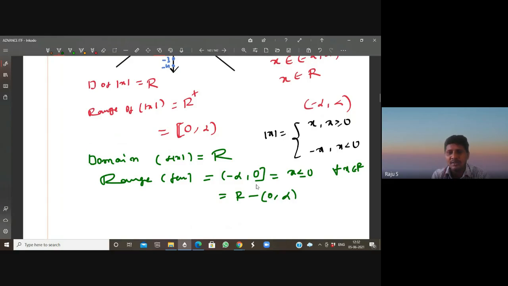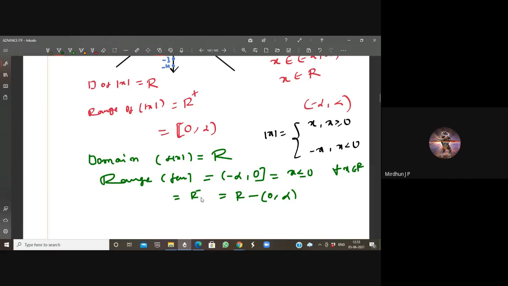All three cases are correct. Understood? So simply you can write minus infinity to 0 or R minus. R plus means positive real numbers, R minus means negative real numbers, including 0.